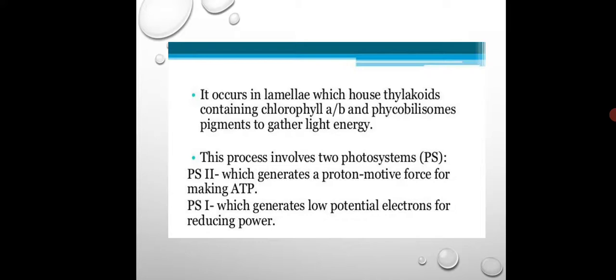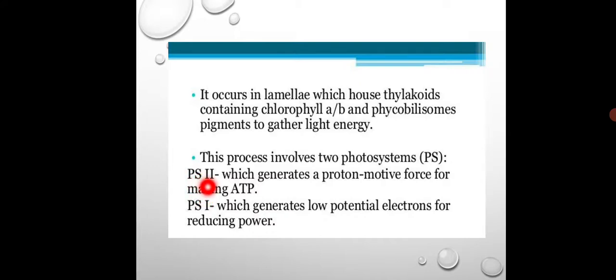I want to tell just one thing: the process of oxygenic photosynthesis in plants and cyanobacteria is similar. It is carried out by two photosystems, PS1 and PS2. PS stands for photosystem.